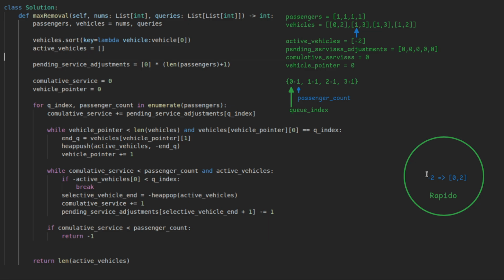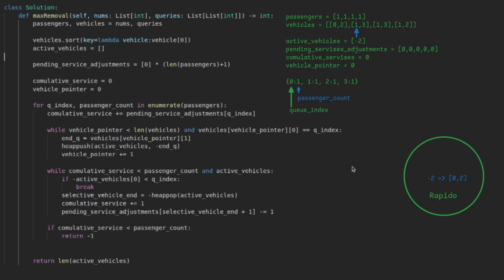Now I say, what is my cumulative services? My cumulative services is currently 0, and what is my passenger count? My passenger count is 1, right? Here you can see that the passenger count is 1.